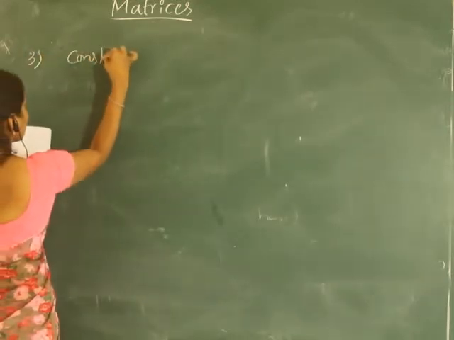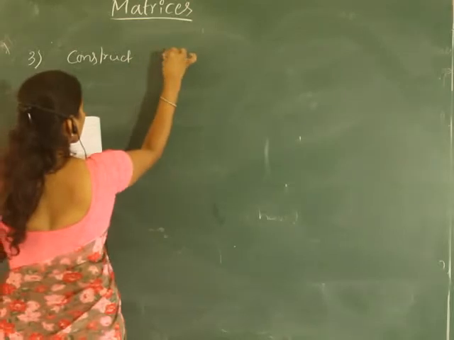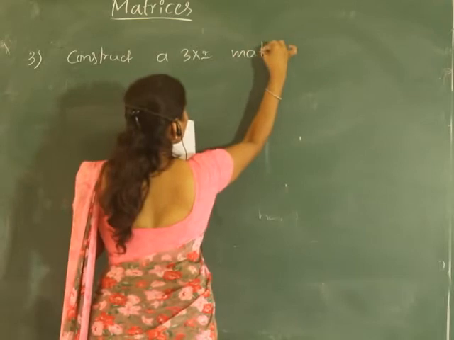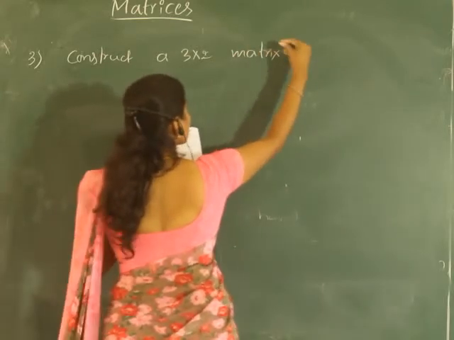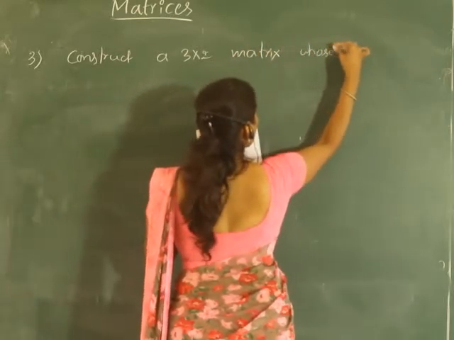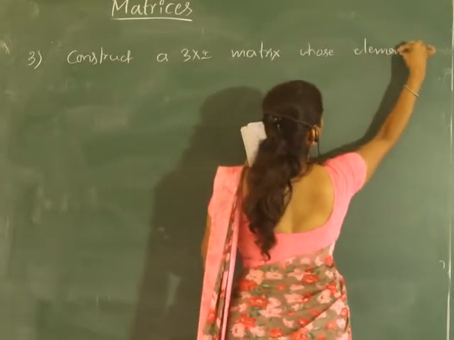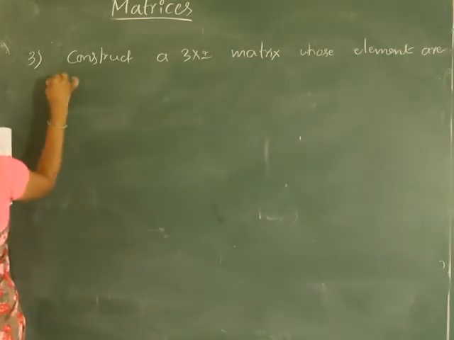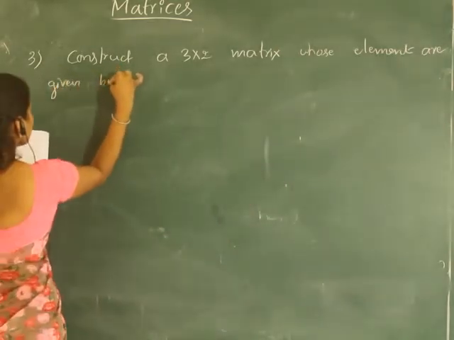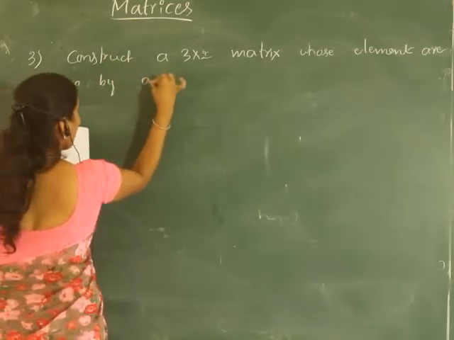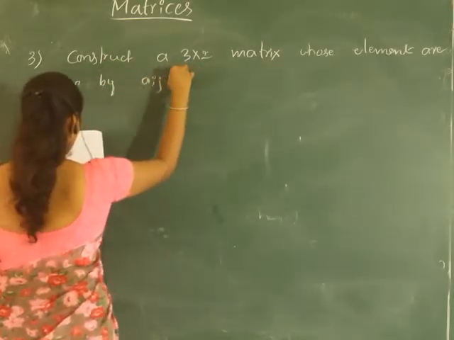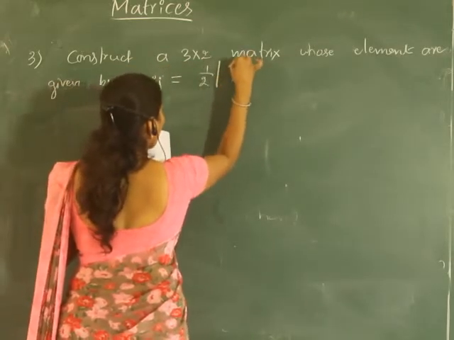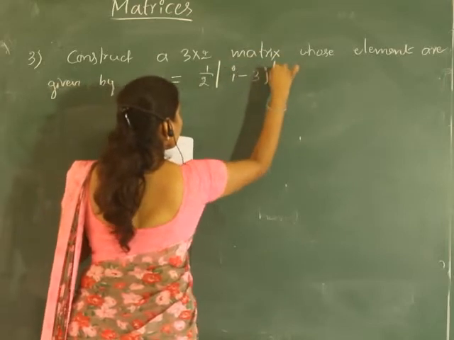Construct a 3 by 2 matrix whose elements are given by aij is equal to half into modulus of i minus 3j.